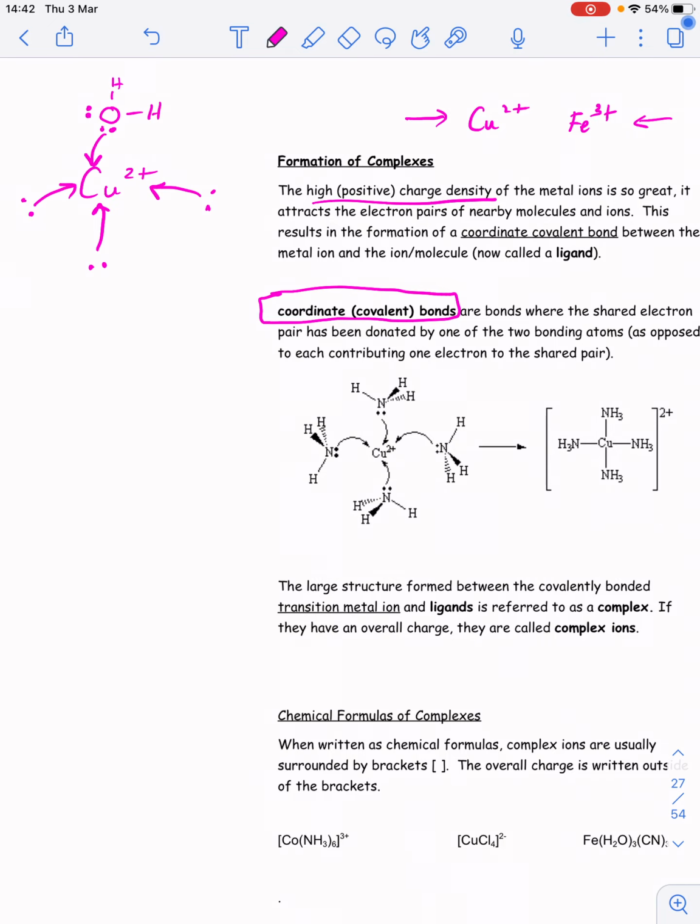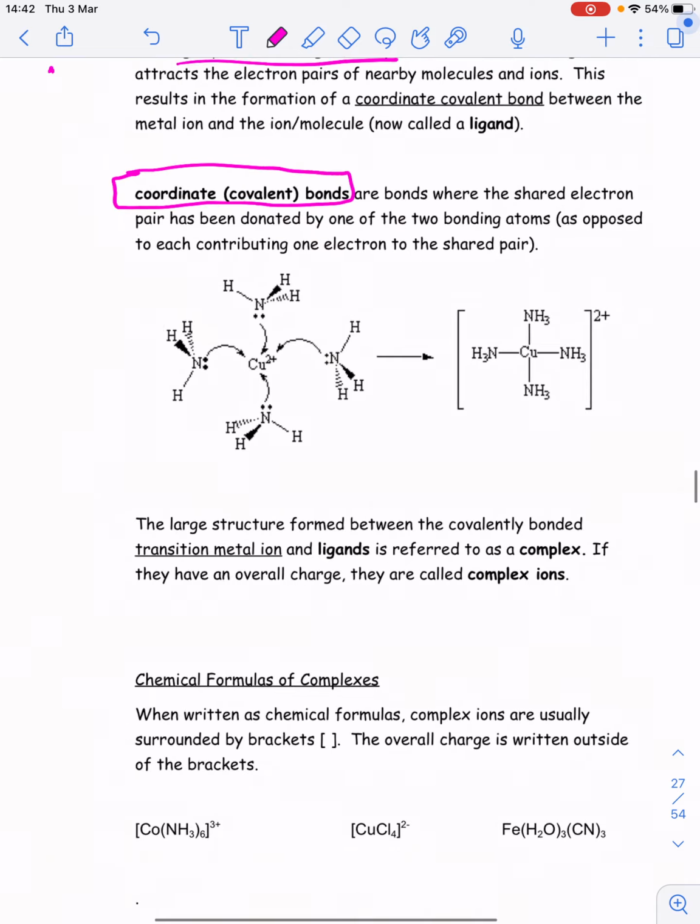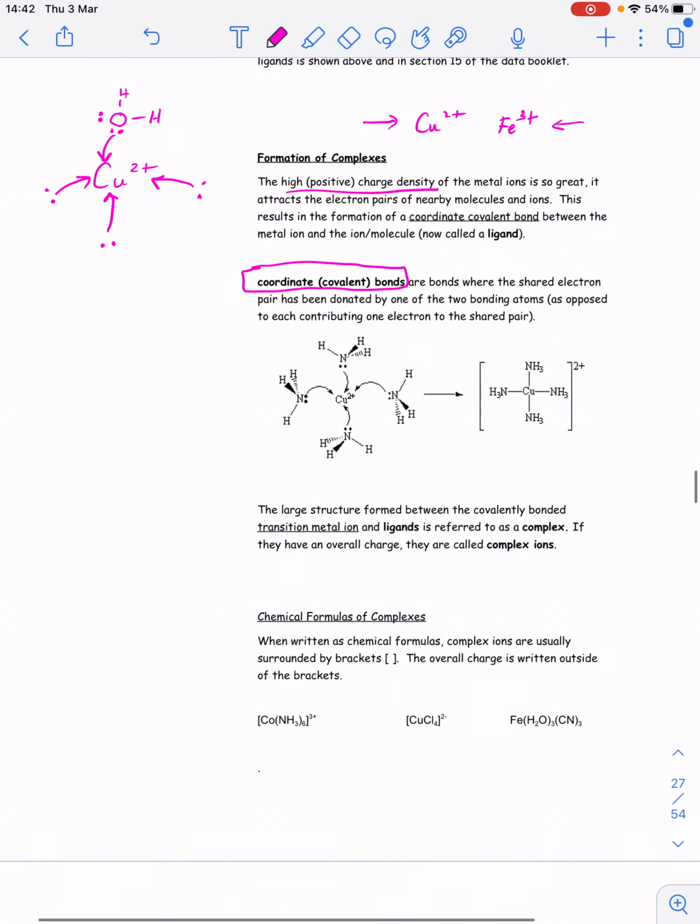And again, this goes beyond water. The first example I mentioned was water; you can imagine having copper ions in an aqueous solution. Water is one substance that will form these coordinate covalent bonds to transition metal ions, but it's far from the only one.